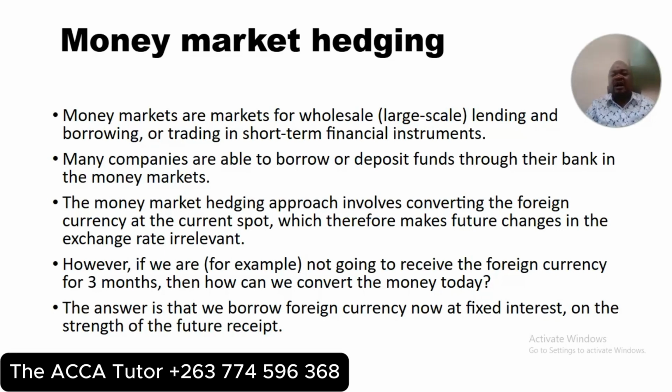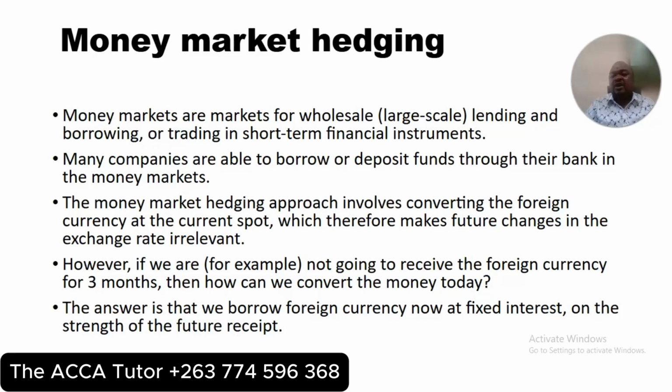However, if we are, for example, not going to receive the foreign currency for 3 months, then how can we convert the money today? The answer is that we borrow foreign currency now at fixed interest on the strength of the future receipt. So here we have been given a tip.